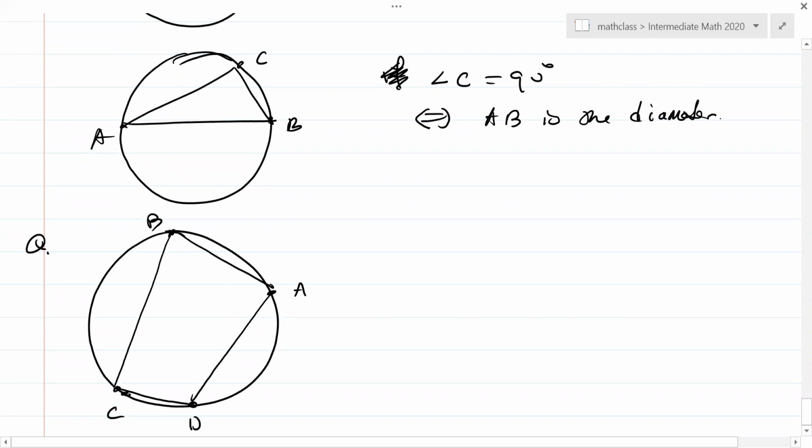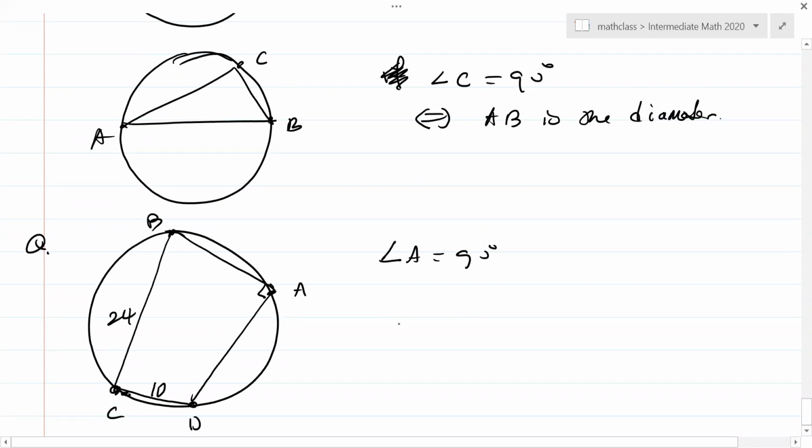What I got here is I measured 24, and here's 10. I also know that the angle here is 90 degrees.